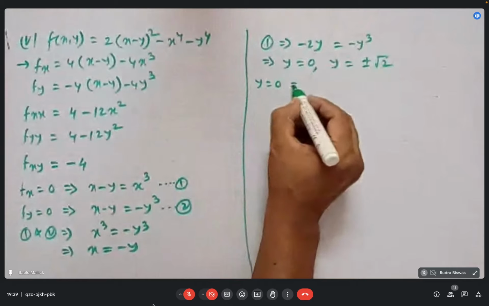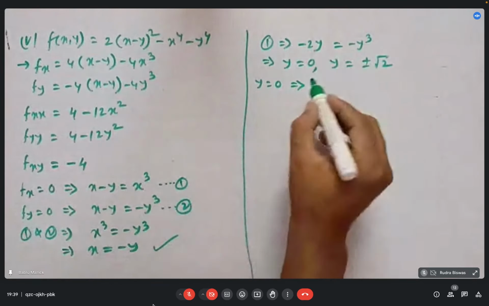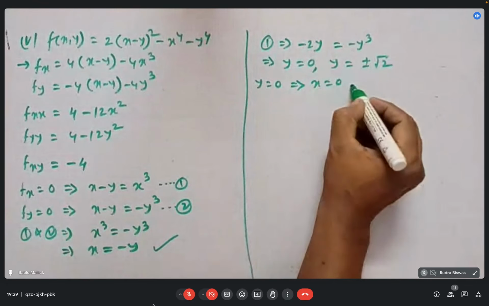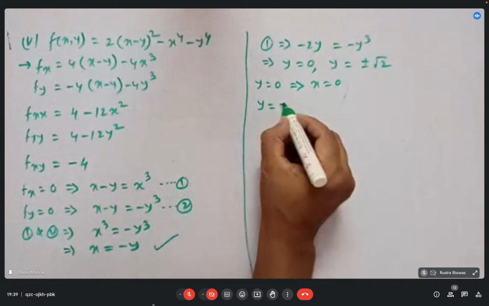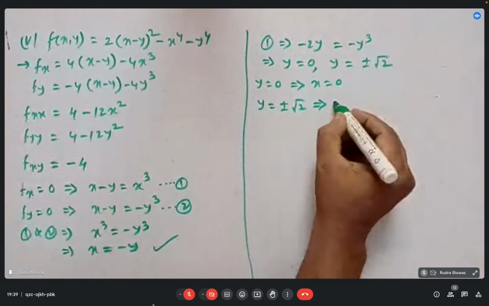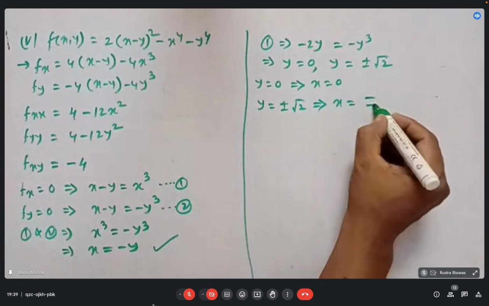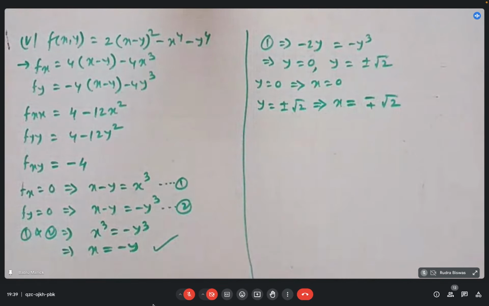So y is equal to 0, this implies from here x is equal to 0, and y is equal to plus minus root 2. This implies x is equal to minus plus root 2.